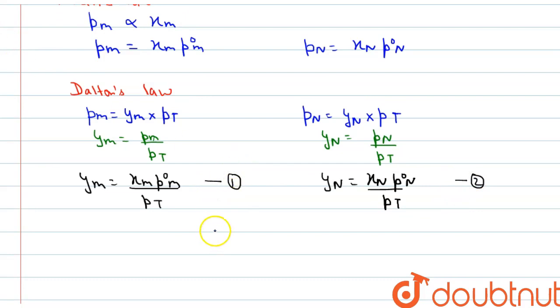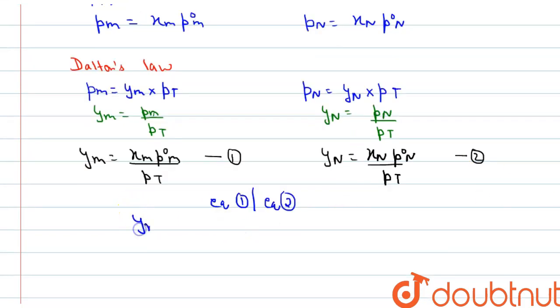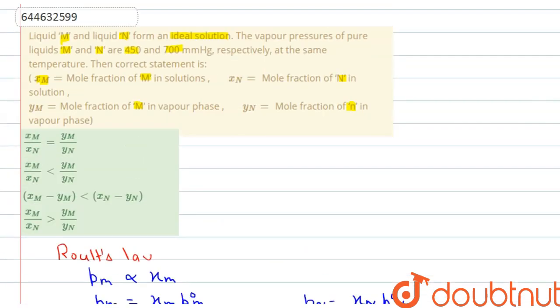Now we will divide equation number 1 by equation number 2. We can write Ym divided by Yn is equal to, P total will be cancelled out, and the remaining term will be xm P naught M divided by xn P naught N. Now we have to find the values of P naught M and P naught N, which are given in the question: the vapor pressure of pure liquid M and N are 450 and 700 mmHg.